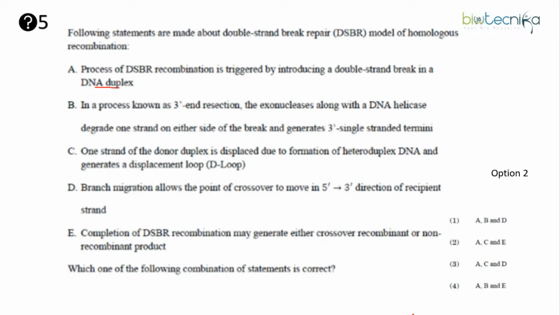Okay, A, C, and E. Okay, that is the correct answer.